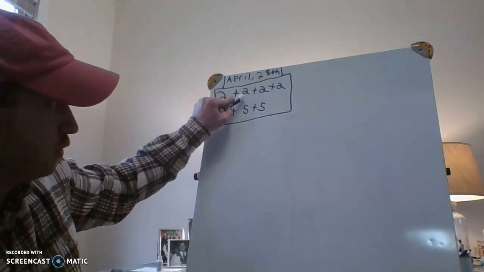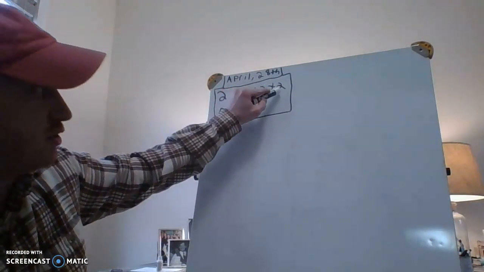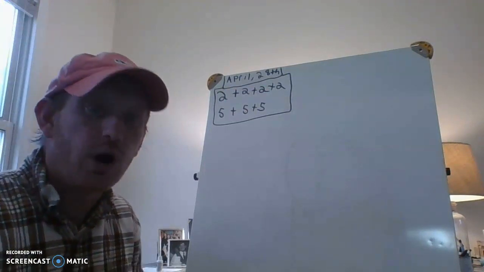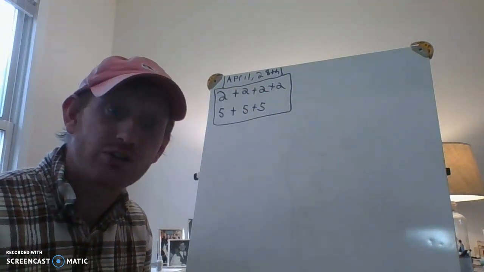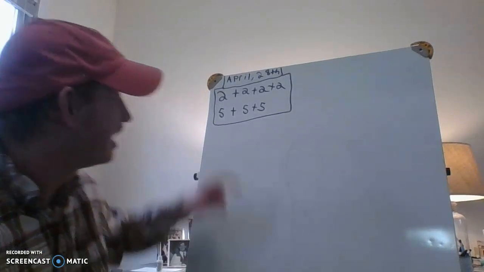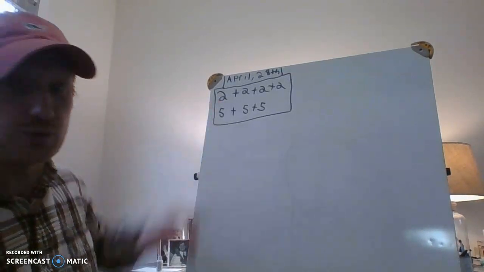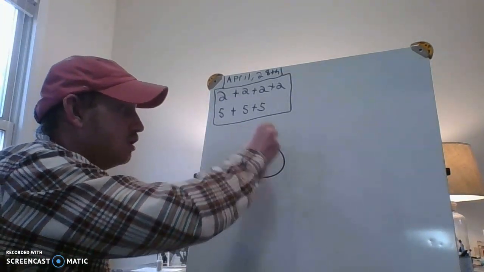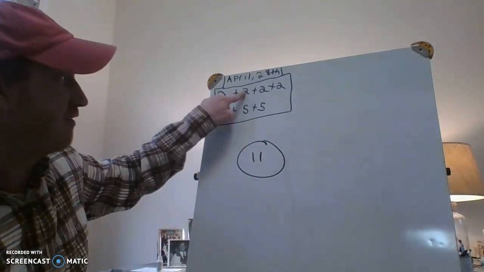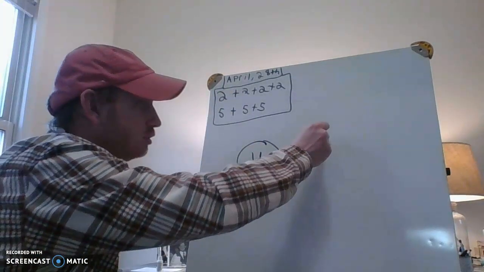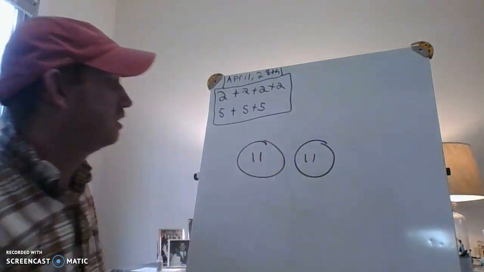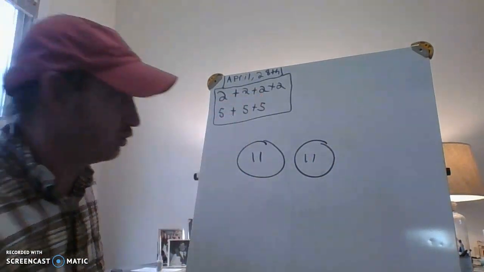2 plus 2 plus 2 plus 2. So I'm going to first draw my picture with my different groups of it. I have one group of 2. 1, 2. I have a second group of 2. 1, 2. I have a third group of 2.